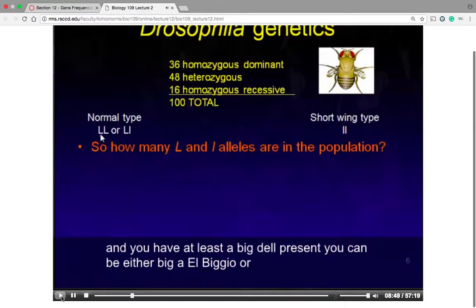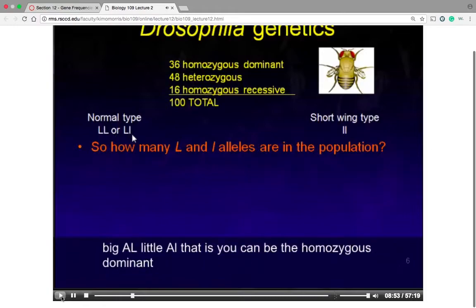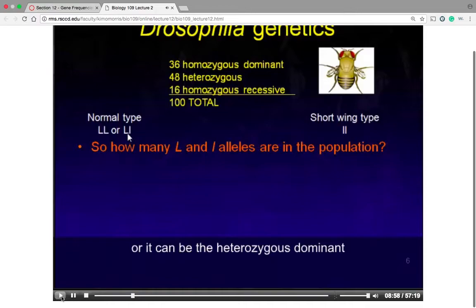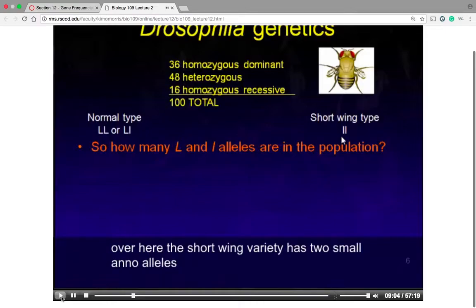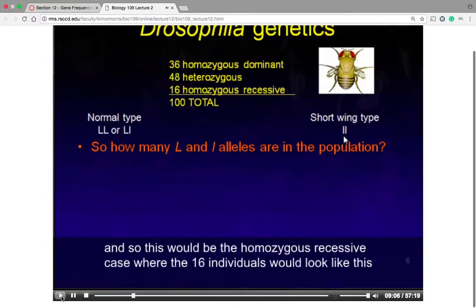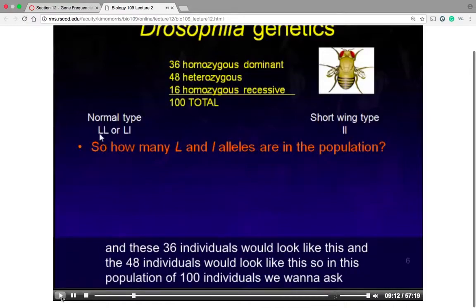You can be either big L, big L, or big L, little l. That is, you can be homozygous dominant or heterozygous dominant. Over here, the short wing variety has two small l alleles, so this would be the homozygous recessive case, where these 16 individuals would look like this, and these 36 individuals would look like this, and the 48 individuals would look like this.